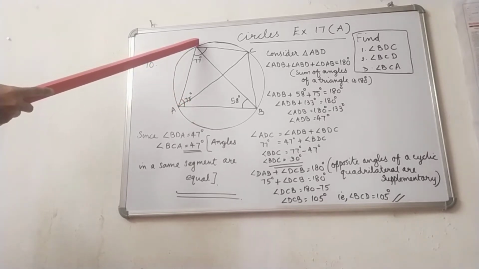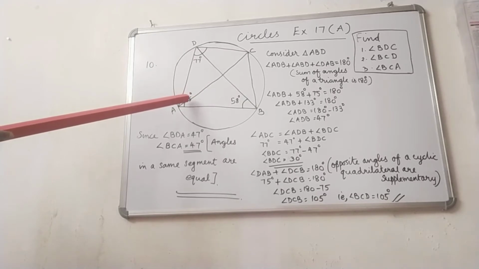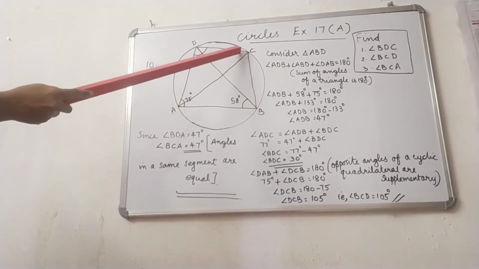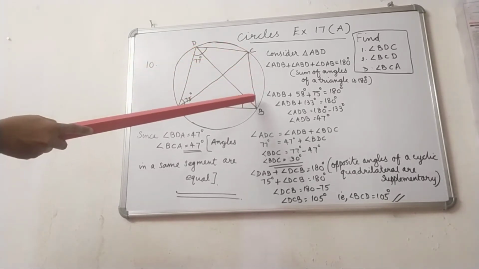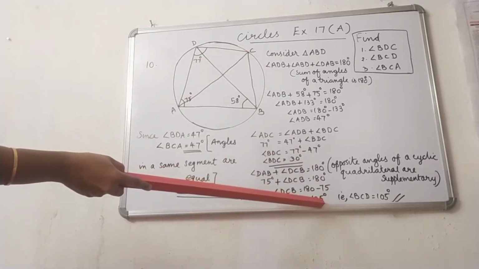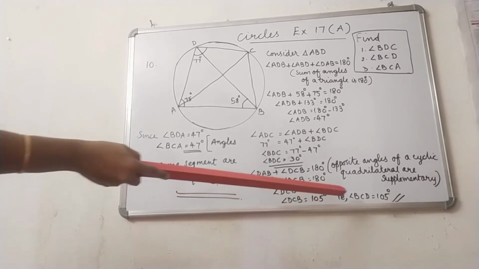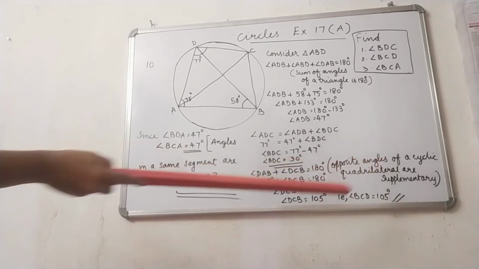So 75 plus angle DCB is equal to 180 degree. From this we will get angle DCB is equal to 180 minus 75, which is equal to 105. DCB is same as BCD also. So we can write that BCD is equal to 105.